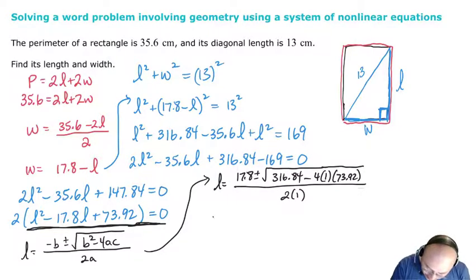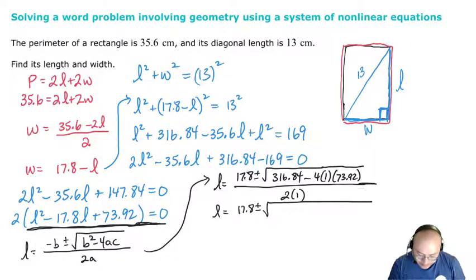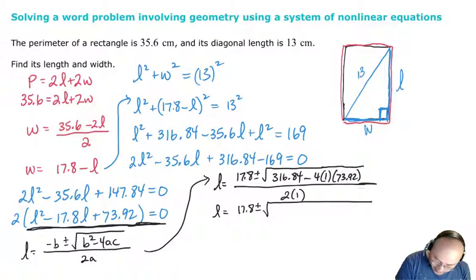Let's do a little bit of calculator work. Simplifying this on a calculator, we do 4 times 73.92 as a negative, add that to 316.84, and take the square root of it.